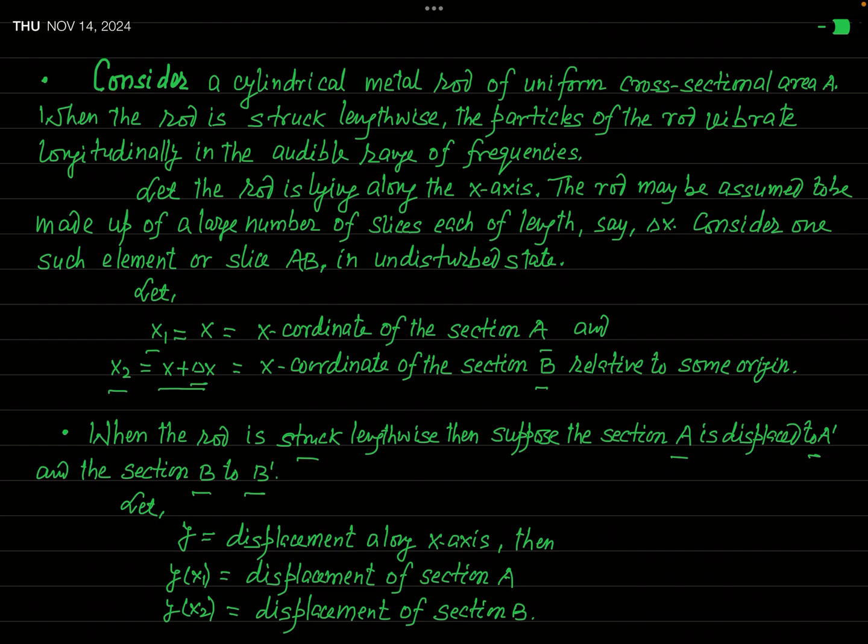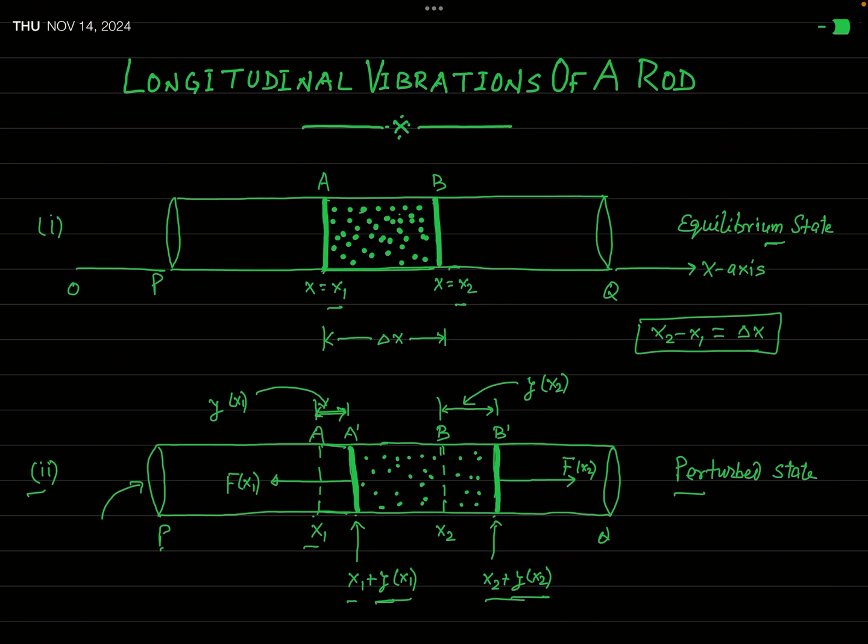We assume y is the displacement along the x-axis, but this displacement will be different at different sections. So the displacement of the particles at section A is y of x1 and the displacement of the particles at section B is y of x2. So now the element AB in a disturbed or perturbed state becomes A dash B dash.